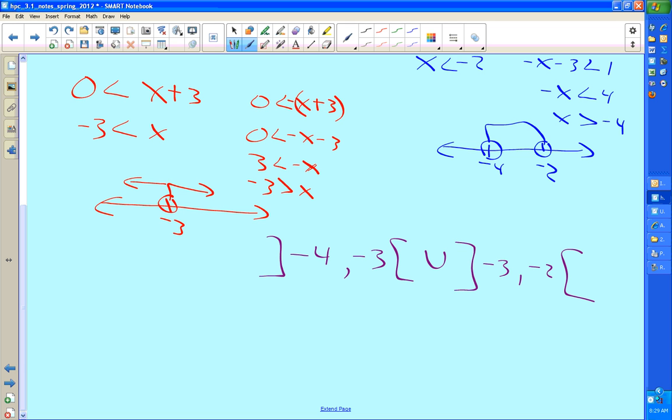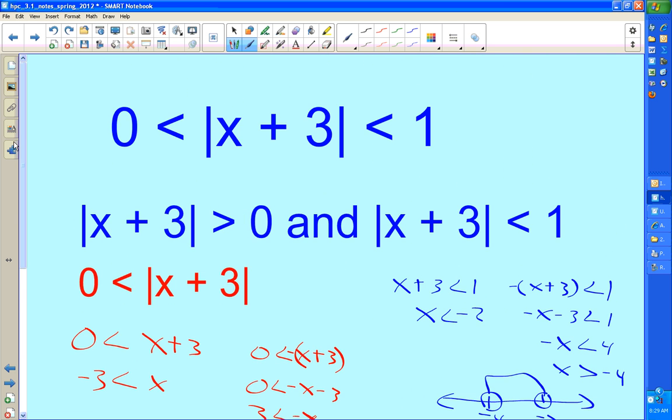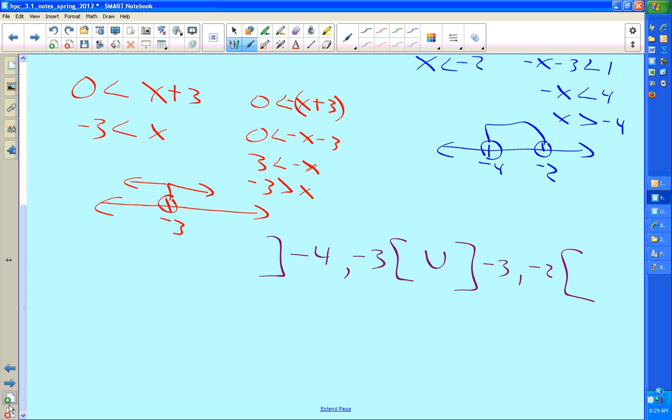What did you really find? How do you describe what we just wrote down? Well, this is an and, actually, because it's absolute value between these two. It's this greater than this and less than that. But what did we describe here? Yeah, you described an or.